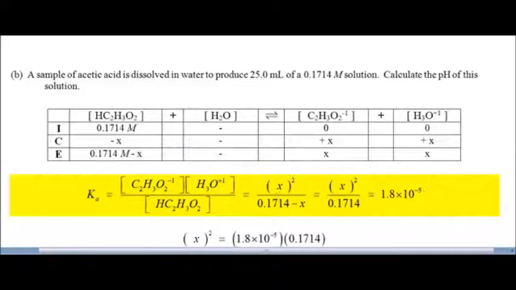But you'll notice as we go from this step right here that the minus x is taken away. This is known as the 5% rule. On every AP exam question, you may use the 5% rule. You do not need to use a quadratic equation because the quadratic equation is not given on your equation sheet for the AP exam.